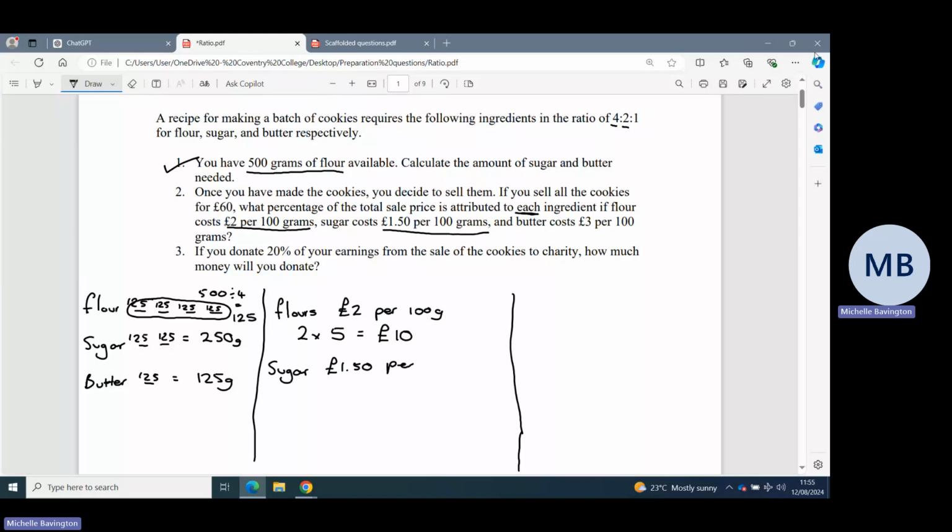I've got 150 for the first 100, another 150 for the 200, and then I've got 50. So half of that is 75. So that is £3.75. Say that again, £3.75.